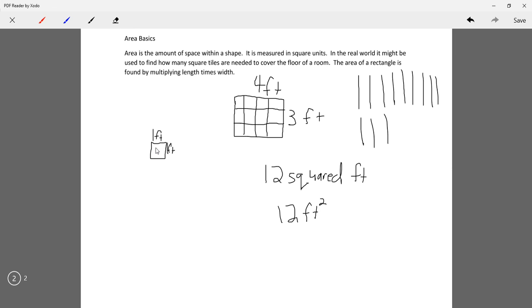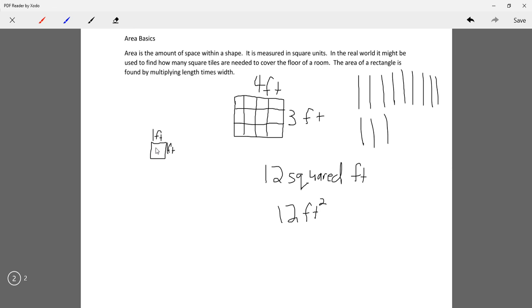What I mean by two dimensionally is it's just on one plane. It's just the floor. It's not talking about the amount of space in the air in a room.